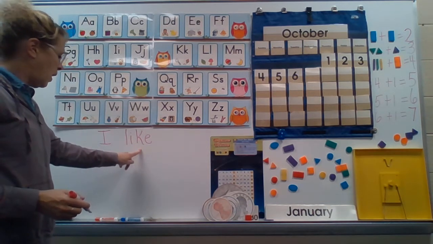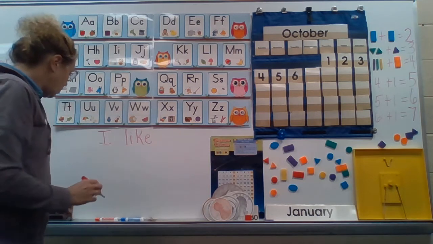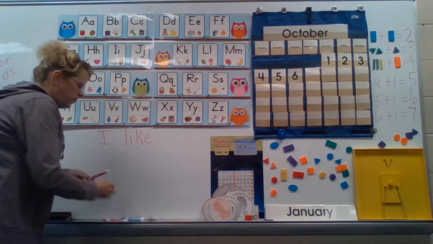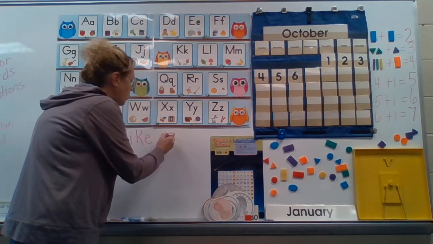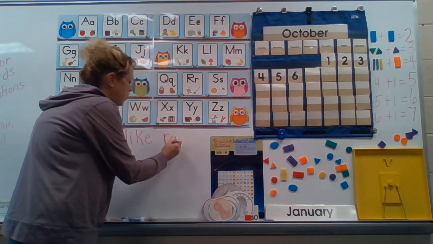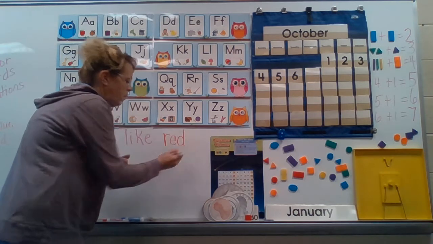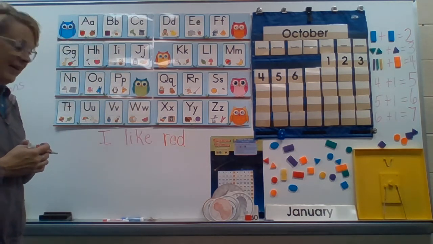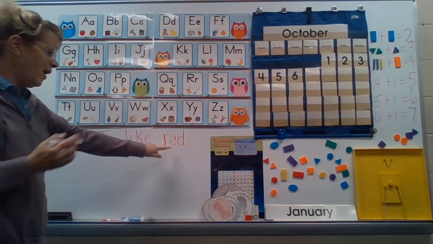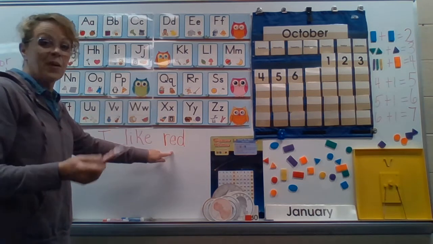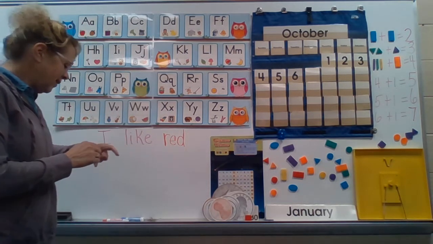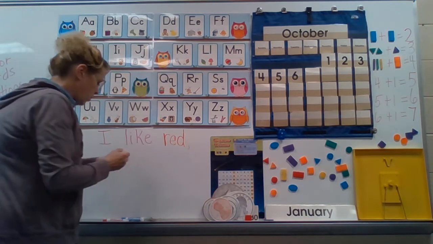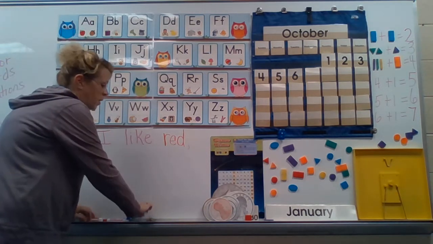I like. Now I'm going to use a marker for my color word. And you tell me what color word this says. I like red, R-E-D, red. Now I'm going to put a comma here because I'm making a list.